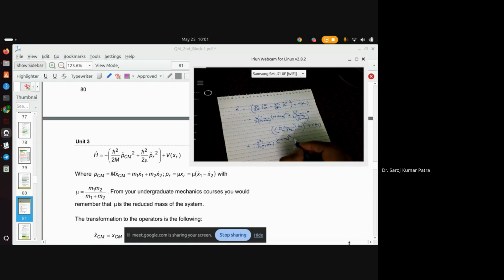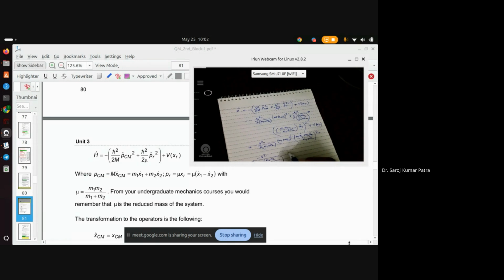times (m1 plus m2) square, and XCM is what? m1 x1 dot plus m2 x2 dot by m1 plus m2, square, the first term over here, plus minus h cross square by 2(m1 plus m2).